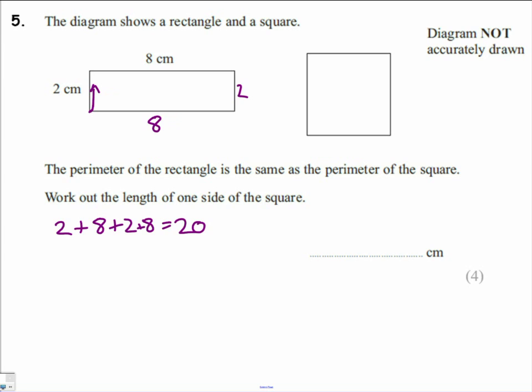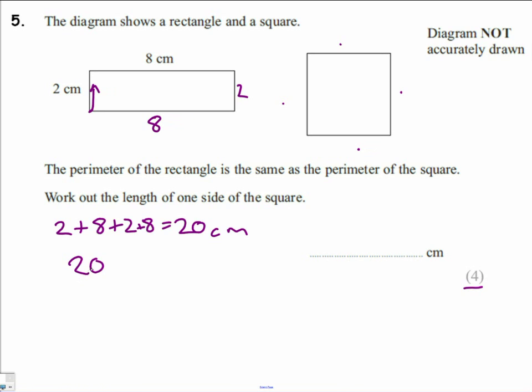And you get 20 centimetres for your rectangle. And that's probably one of your 4 marks that are available. Then, once you've got your perimeter of your rectangle, you need to understand that a square has the same length of each side.